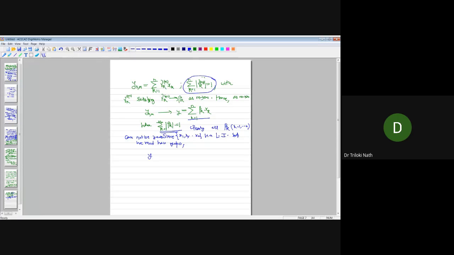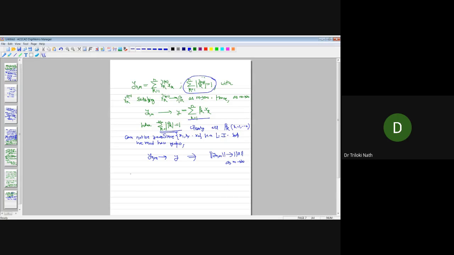if you consider y n m, y n m converges to y, which implies that norm of y n m converges to norm y as m tends to infinity.